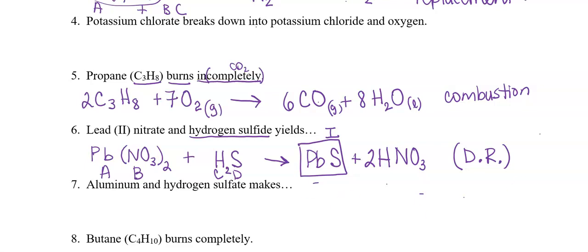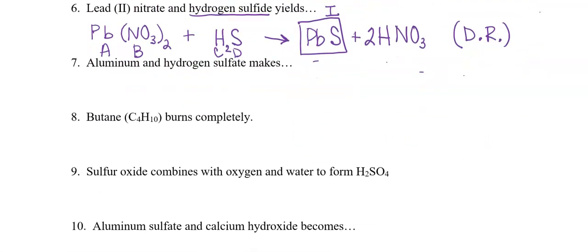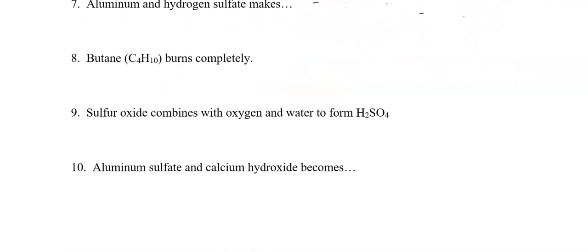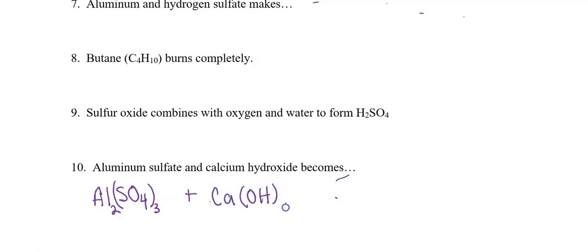All right, I do want to do one more of those double replacement reactions, so let's go further down to number 10. Aluminum sulfate, let's write out the aluminum sulfate. And that's +3, -2, so I'll write out the correct formula. And then calcium hydroxide. Calcium is a +2. Hydroxide's -1, so it'll look like this.